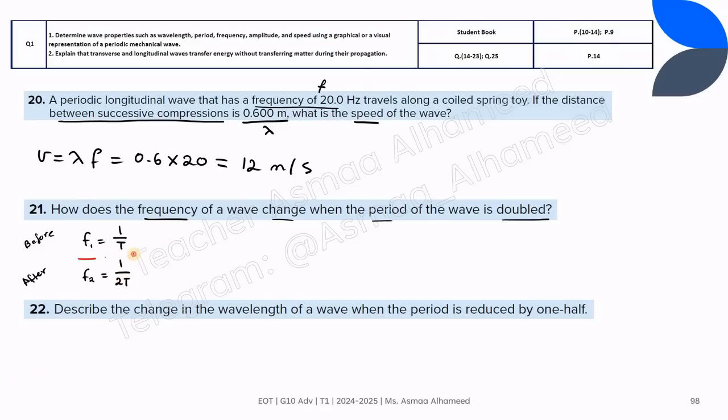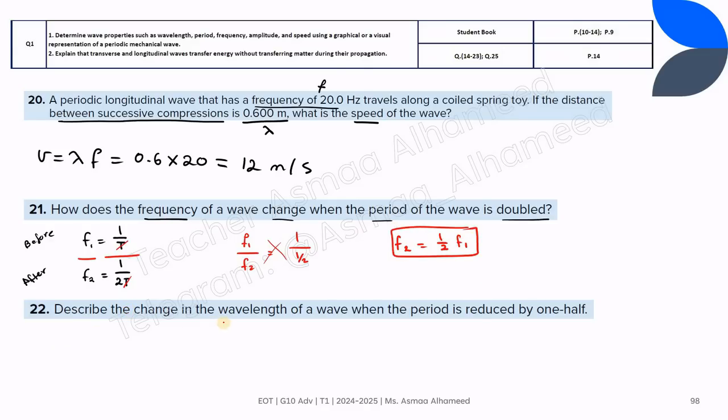Now we divide left side by right side. Here T will go with T. Now we have F1 over F2 is equal to 1 over 1/2. Do cross multiplication. You will have F2 is equal to 1/2 F1.